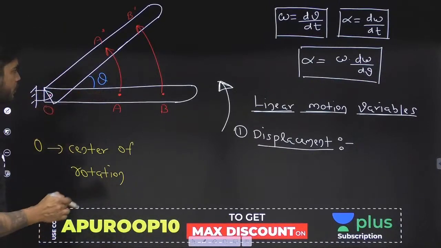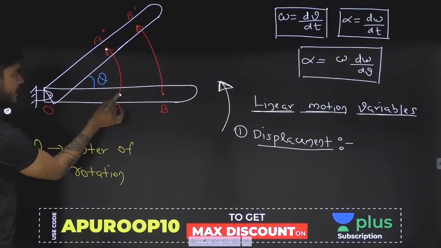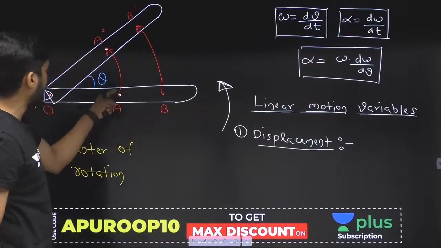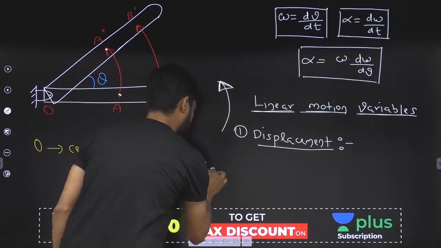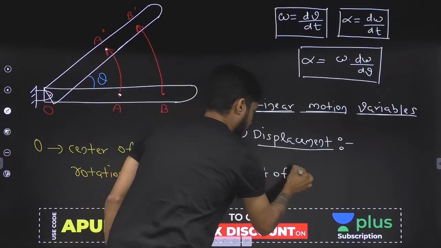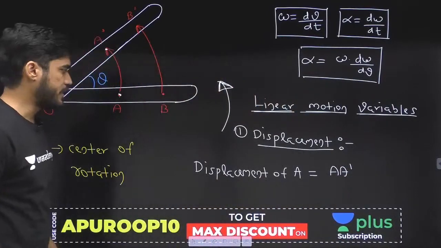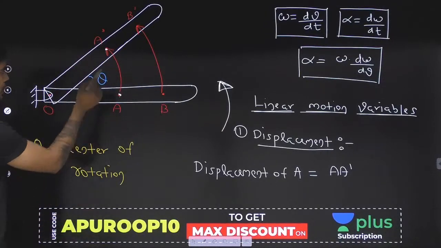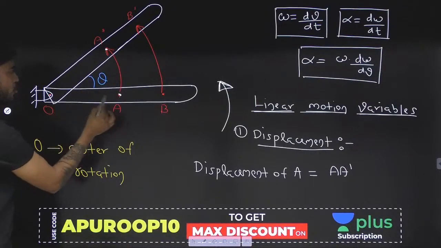Look at this. A is moving from A to A dash. So this is the linear displacement of A, A to A dash, right? Displacement of A equal to AA dash. And what will be AA dash? If you look at this arc length, can I write it theta into OA?